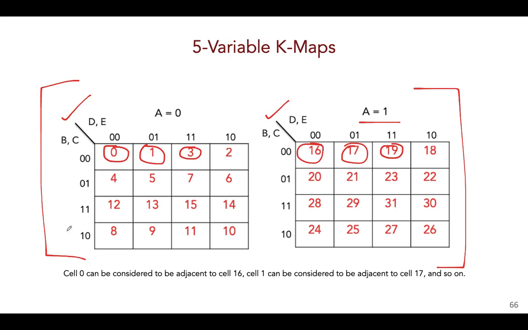So this on the whole forms one single 5 variable K-map, and aside from the normal adjacency within each 4 variable K-map, which is an entire adjacent group, there is adjacency across these 2 4 variable K-maps. So 0 is adjacent to 16, 1 is adjacent to 17, and so on.